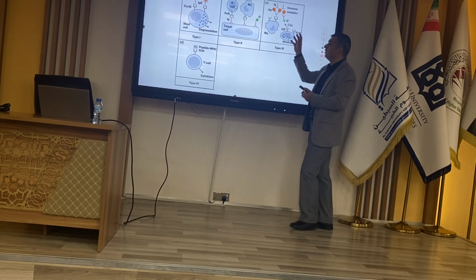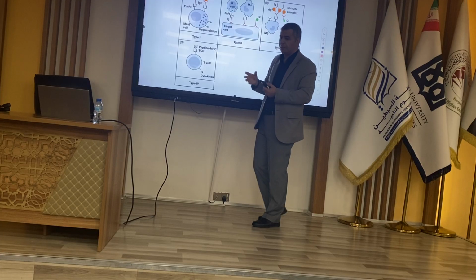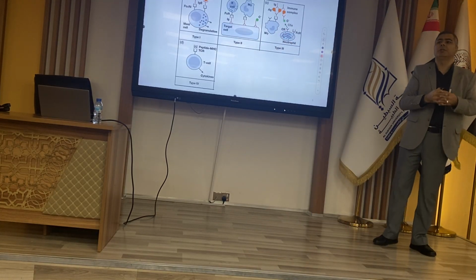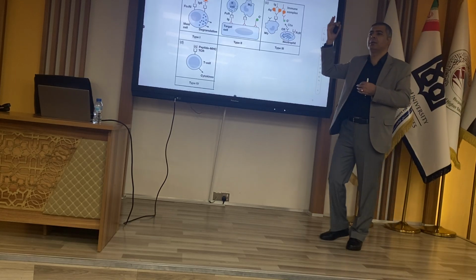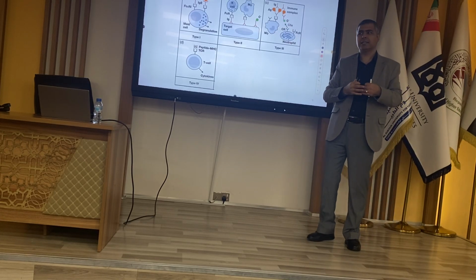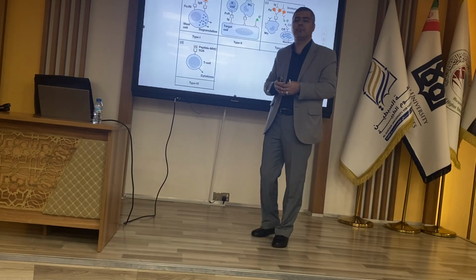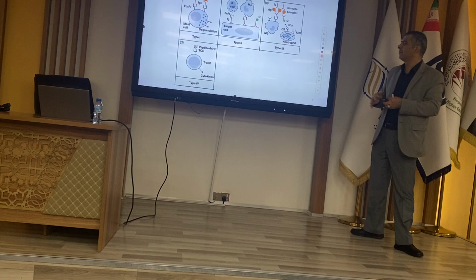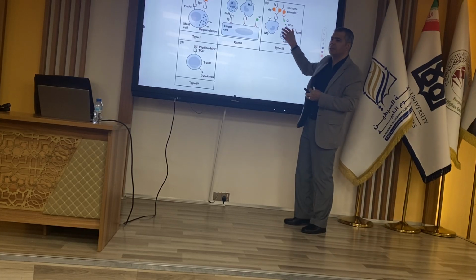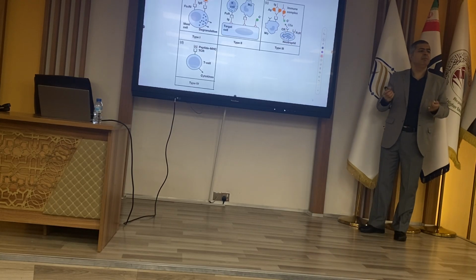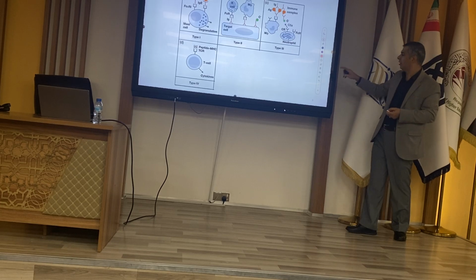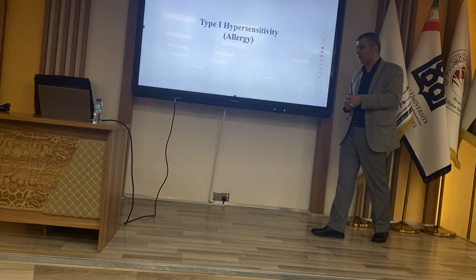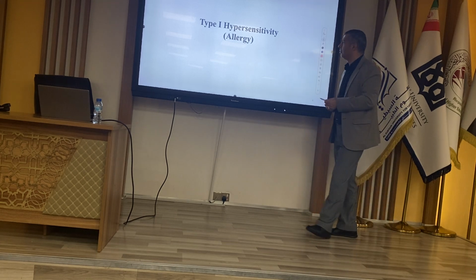In those diseases we have tissue damage, and this tissue damage is a result of the immune response, not, for example, the microorganism directly. As a result of overreaction to some microorganisms or unwanted immune response against self-antigens, we have tissue damage made by immune responses, immune cells, complement activation, or other mechanisms. So, type 1 hypersensitivity or allergy.